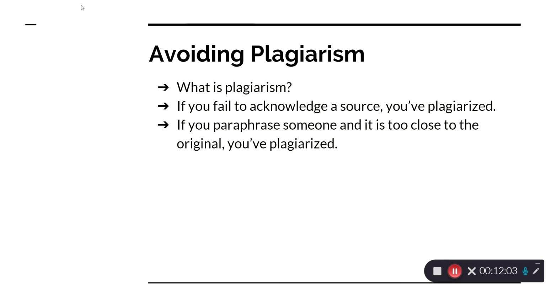It's still too close. You haven't paraphrased correctly, and just substituting one word for another or changing it slightly is still plagiarism. If you're doing it word for word, then put in your quotation marks. If you're trying to put it in your own words, you still need to give that information. You don't want it to be too close.